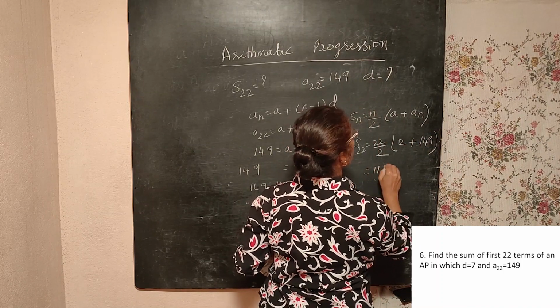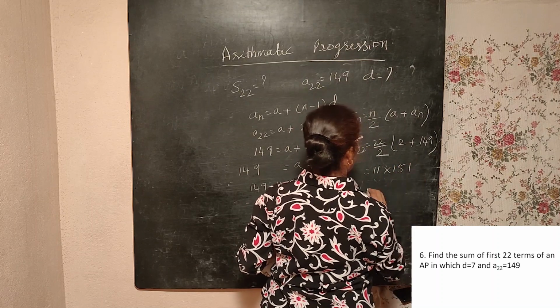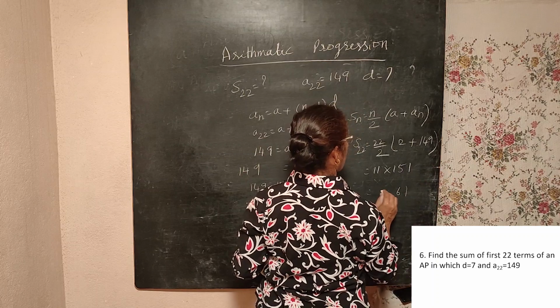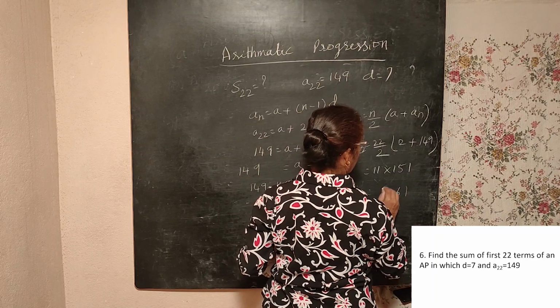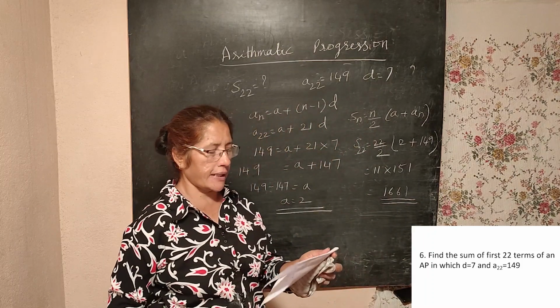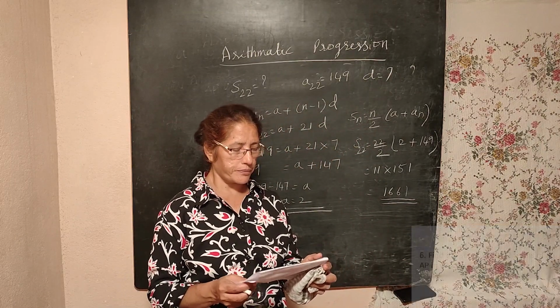So 11 into 151. 11 ones are 11, 11 fives are 55, so 1661. That is your answer.